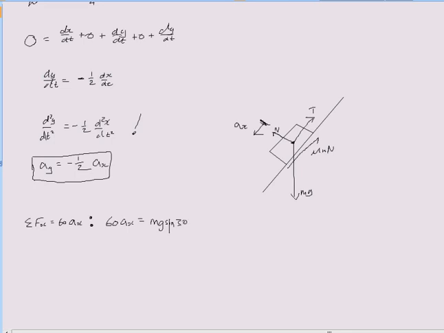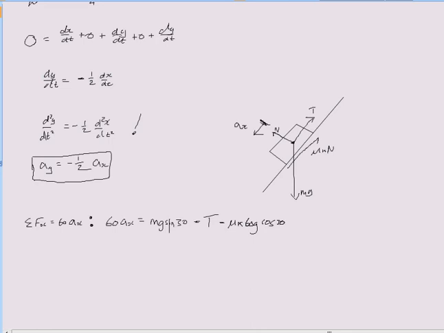Alright, that's the component of gravity acting down the hill, plus any other forces acting down the hill? No, that's it. So we're going to subtract that from all the forces acting up the hill, which is going to be T, and then subtract that from another force acting up the hill, which is going to be μkN. And we know that N, just like it was before, μkN is just going to be 60g cosine of 30.